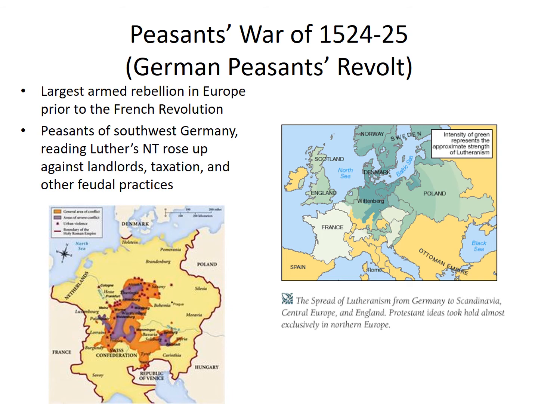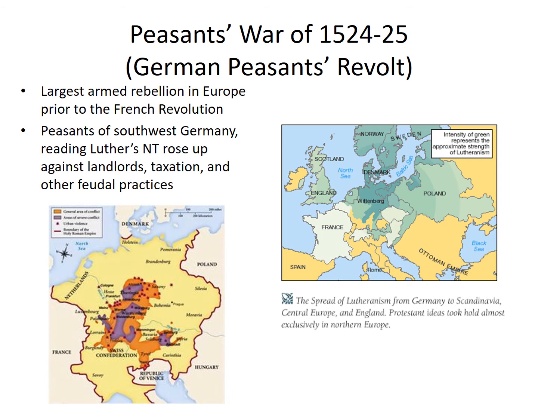The peasants of southwest Germany, reading Luther's ideas, New Testament, rose up against the landlords and the taxation and other feudal practices required of them and rebelled. Luther, however, did not think this was a good idea, and he argued that they should be put down. He was a religious revolutionary, not a political one.